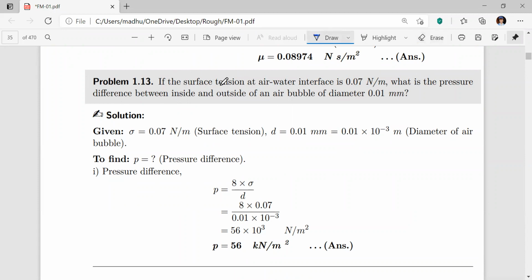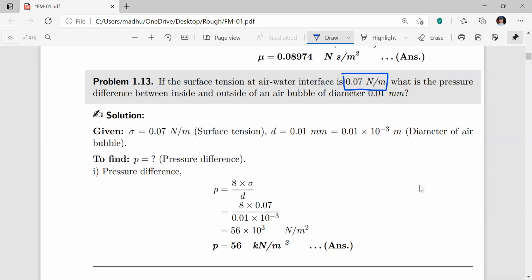What have they given? If the surface tension of the air water interface, there is air and there is water, the interface between the two, having a surface tension of 0.07 Newton meter. What is the pressure difference between inside and outside of an air bubble of diameter 0.01 millimeter?